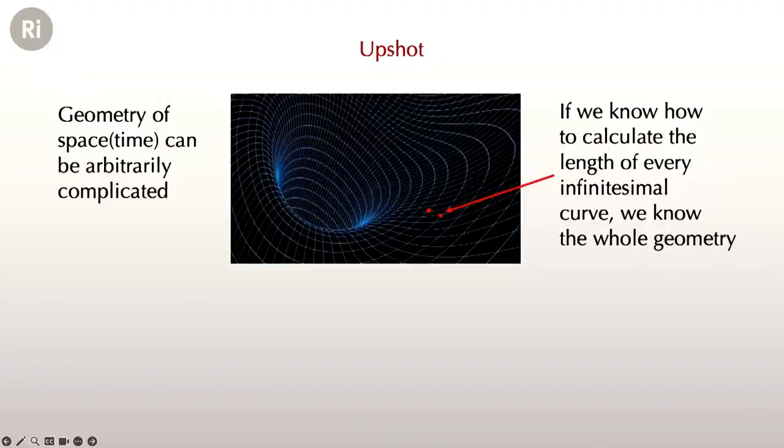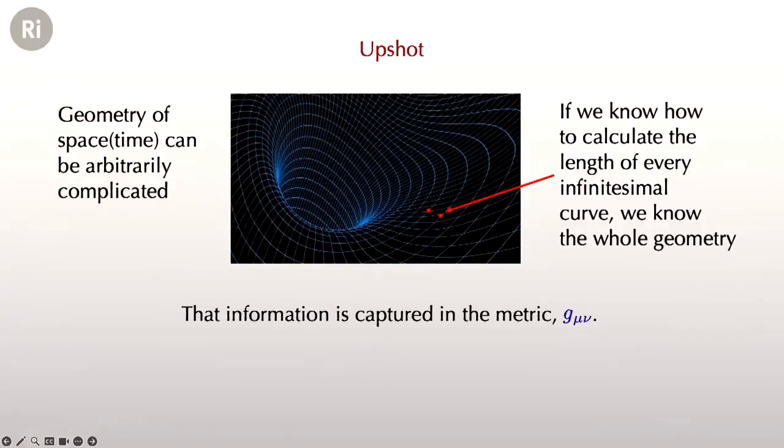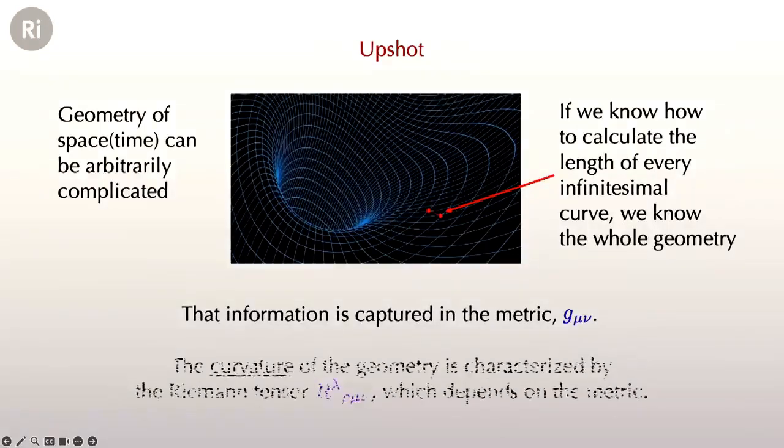That can be arbitrarily complicated, but Riemann let us whittle it down to a little usable piece of information. How to calculate the length of every infinitesimal curve, and from that you can build up the geometry as a whole. That information, in turn, is captured in the metric tensor, 4 by 4 tensor in 4 space-time dimensions, and that tensor has a curvature characterized by the Riemann tensor.